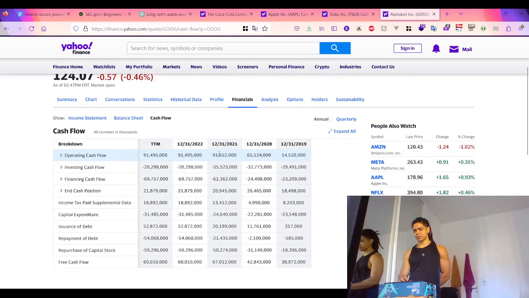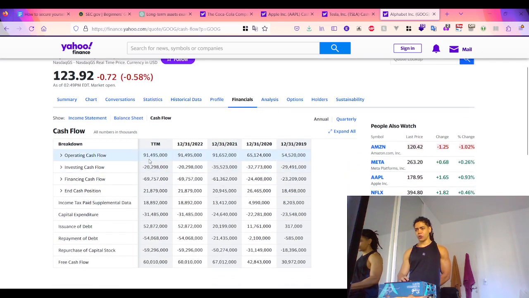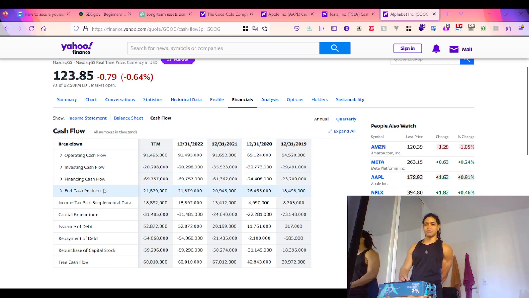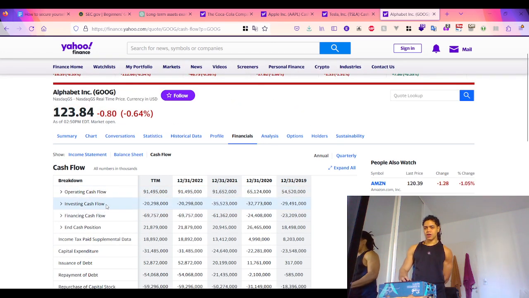Okay. All right. So, to make this quick recap of the investing cash flow, this is the second part of the cash flow statement that reviews the cash from investing activities.